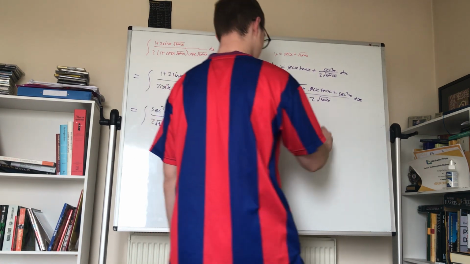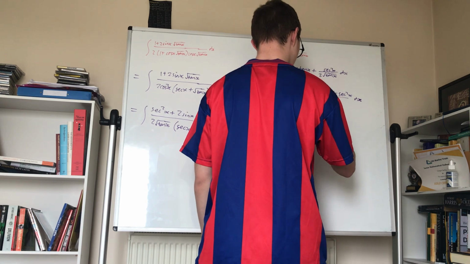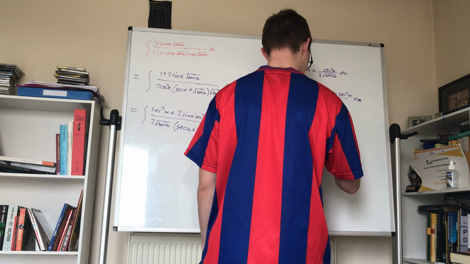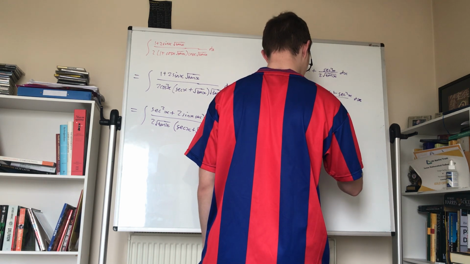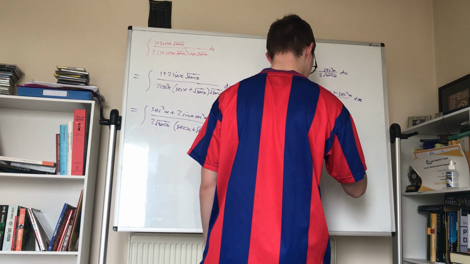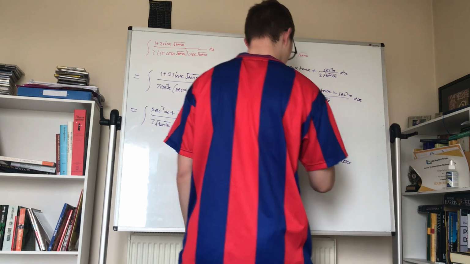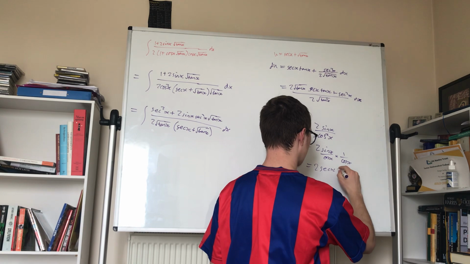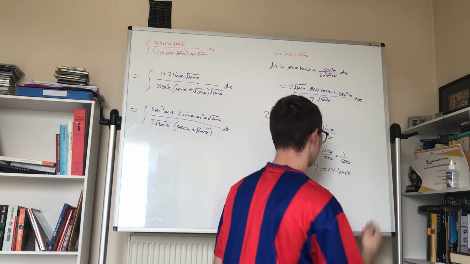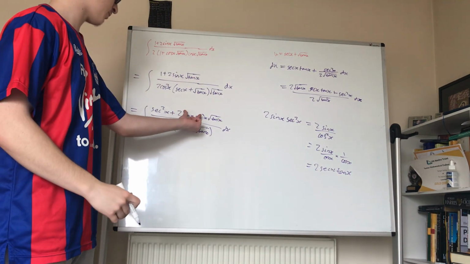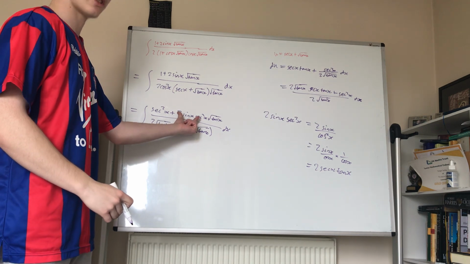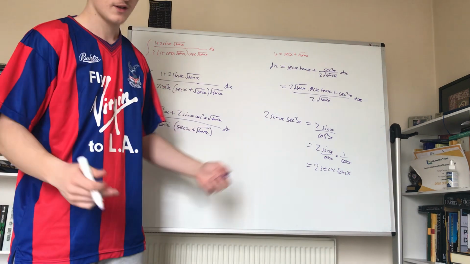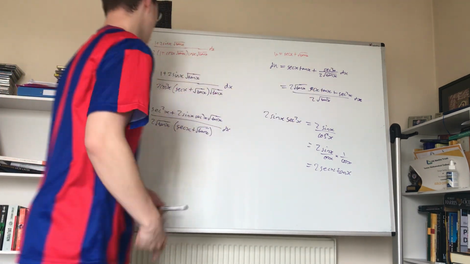Well, this is equal to 2 sine x over cosine squared x, which is equal to 2 sine x over cosine x times 1 over cosine x, that's tan, that's sec, so 2 sec x tan x, like so. And lo and behold, as you'd expect, that is precisely what we want here.